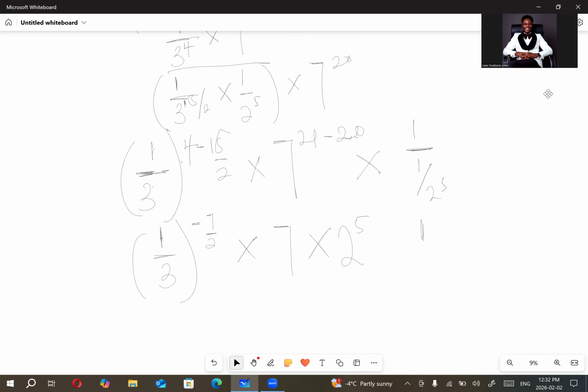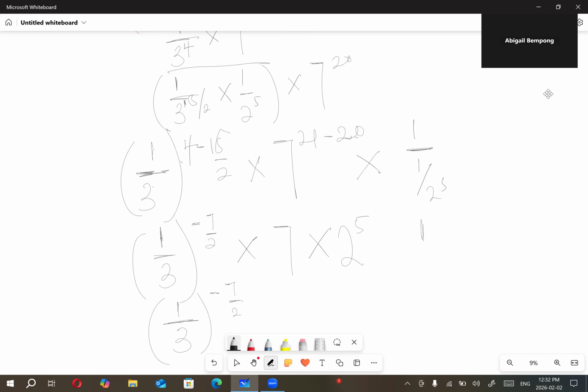The question says simplify. So this one will be 32 times 7, which will be 224.